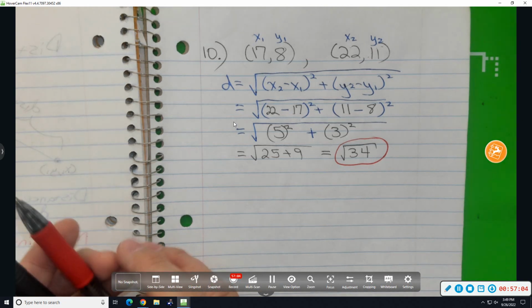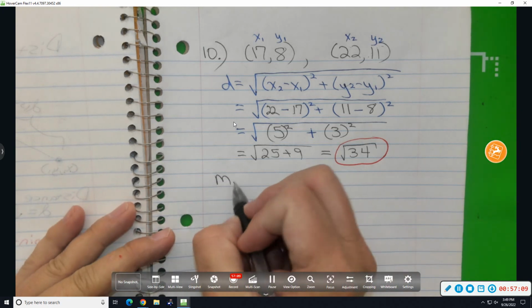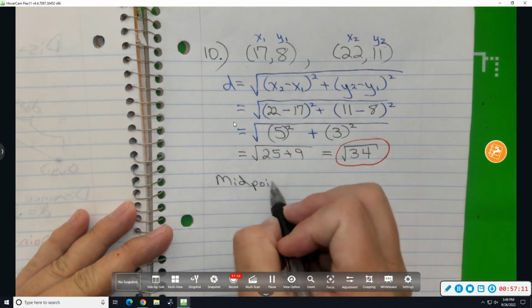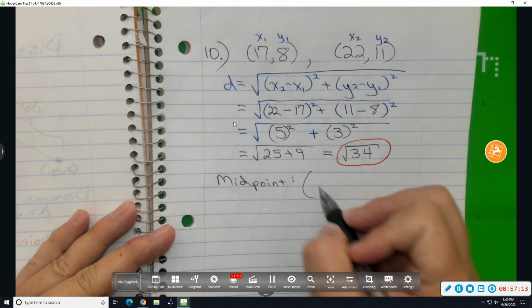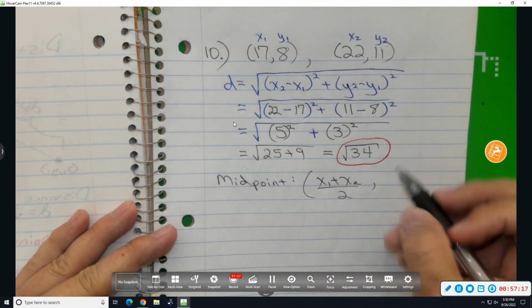And now the midpoint. The midpoint, you're just averaging. Average the x coordinates, average the y coordinates. And to average two numbers, you add them up and divide by 2.